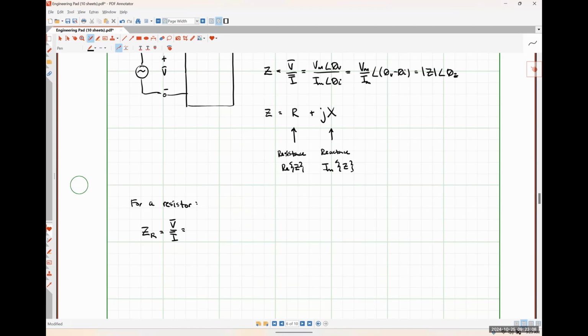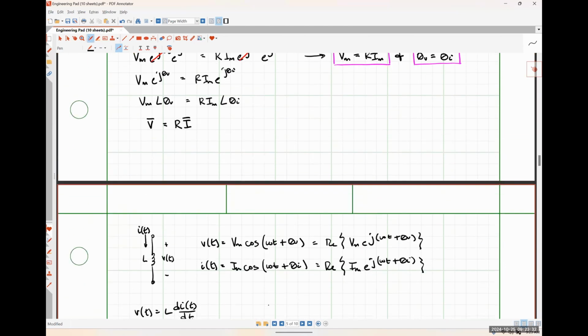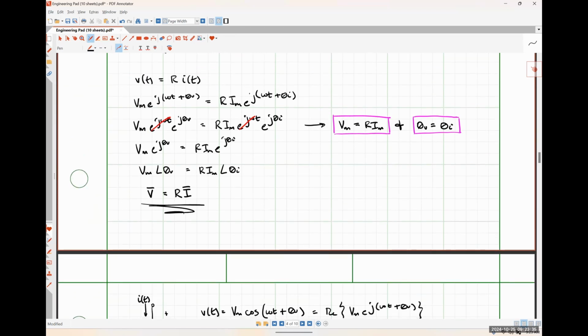So scroll up into your notes and tell me what the ratio of V phasor over I phasor should be. Just to be clear, I have this relationship right here, and I'm just dividing both sides of the expression by I. So what do I get when I move the I from the right-hand side over to the left-hand side? Because I'm just looking for V over I. R.